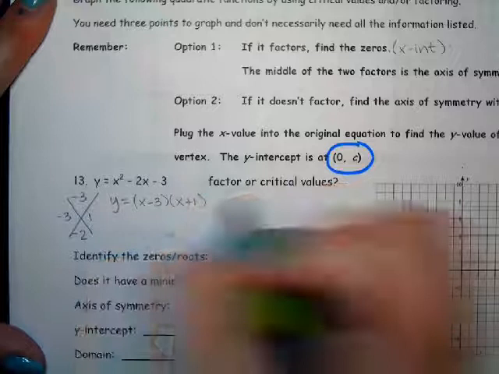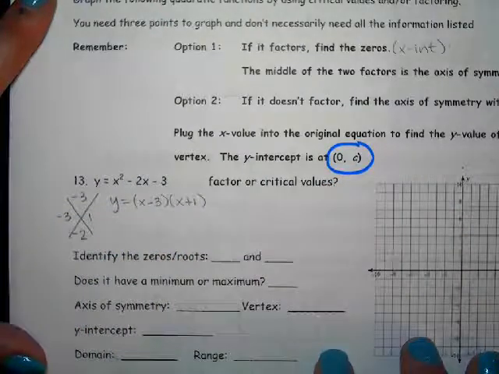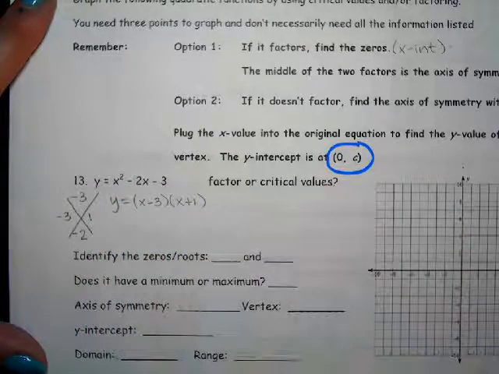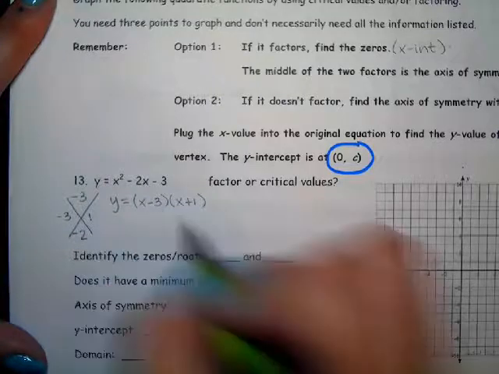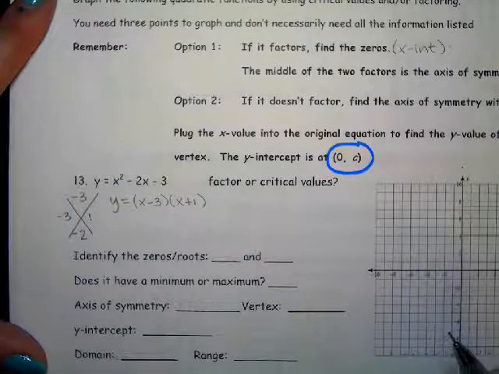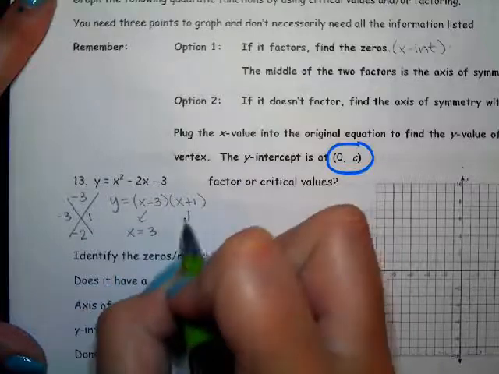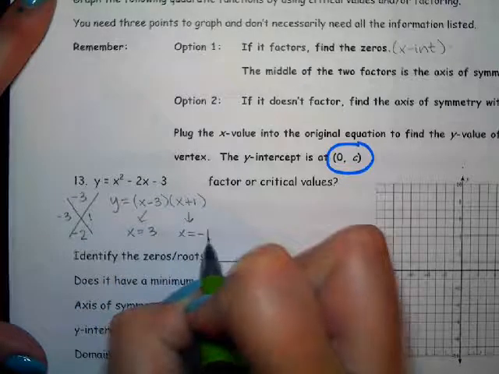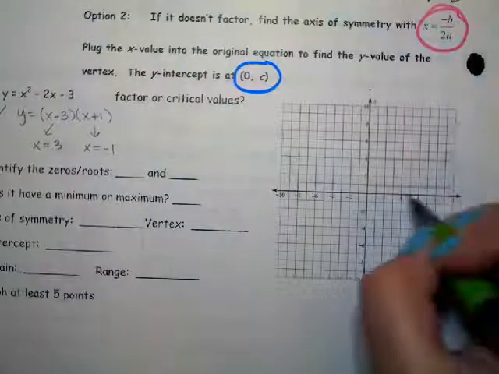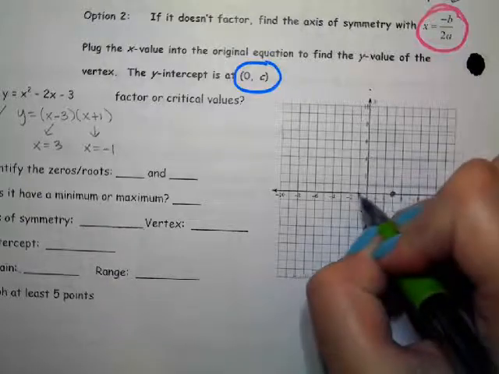So there's the factored form, which is also the intercept form. So what are the two x-intercepts? x equals 3, x equals -1. So there's 2 points right there.